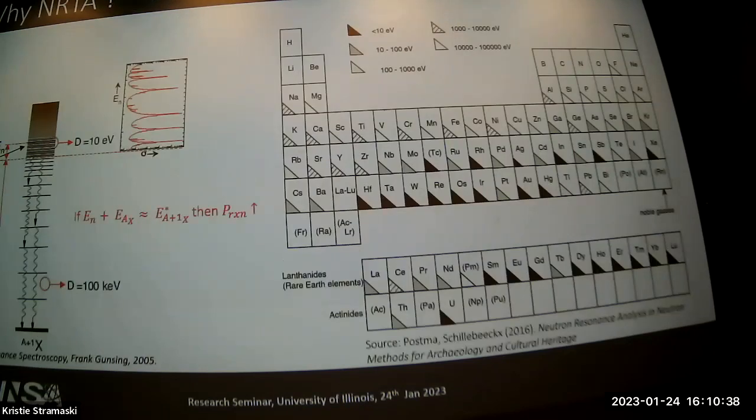So what we do in NRTA is we shoot a beam of neutrons on the target, and we look at the energy of the neutrons that are transmitted through the target. Based on the energy of the incoming neutrons, resonance will occur.